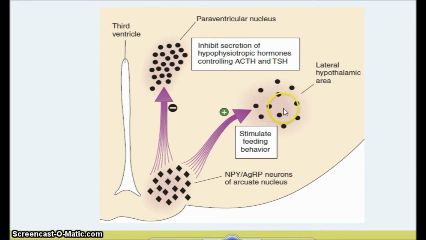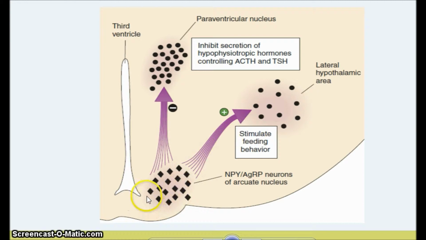The lateral hypothalamic area has neurons that synapse in your cerebral cortex, and the increase in orexins and MCH in the cerebral cortex is what stimulates your feeding behavior, because of course your cerebral cortex is involved with your thinking and your reasoning and things like that.